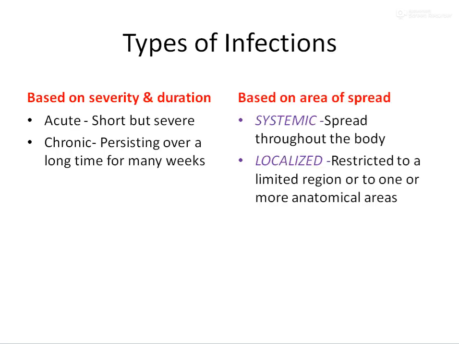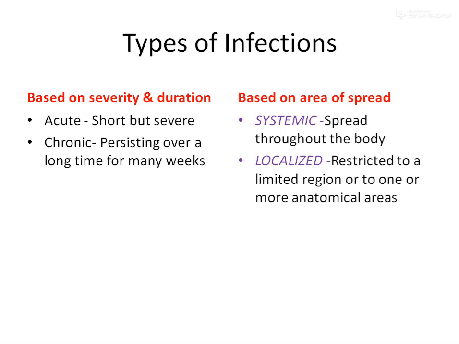Now, the types of infection can also be classified further. Based upon the severity and the duration, you can have either acute infections or chronic infections. Acute infections are short, but very severe, whereas chronic infections persist over a long time, for many weeks, but the severity is much less.